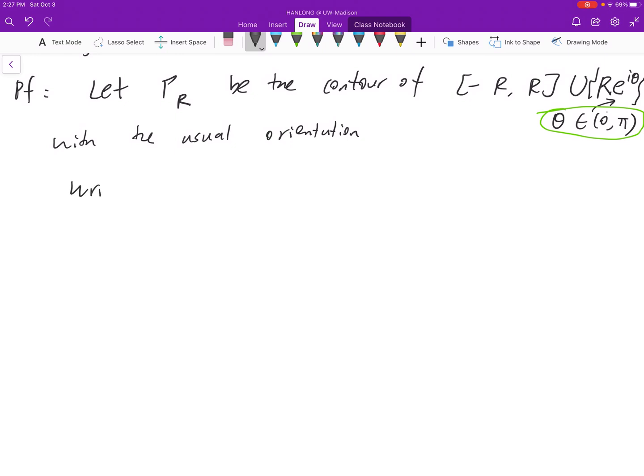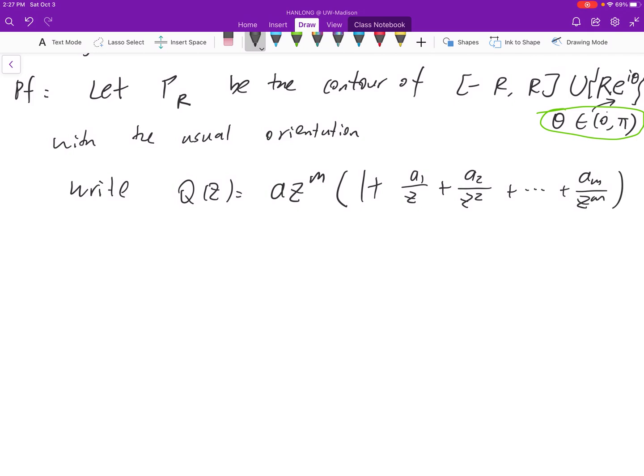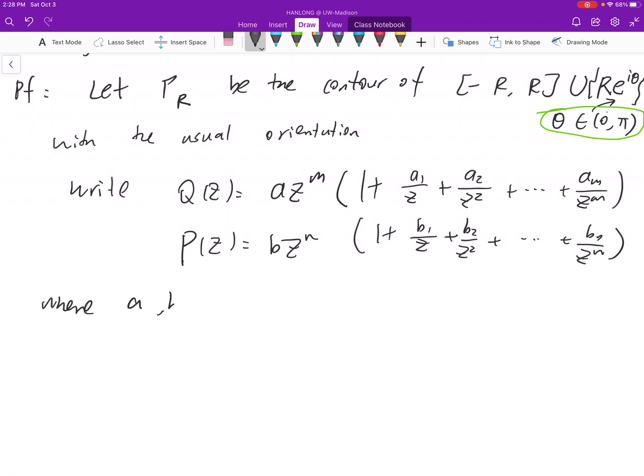Now write Q(z) equals a z to the m-th power times 1 plus a1 over z plus a2 over z squared plus all the way to am over z to the m-th power, and P(z) is b z to the n-th power times 1 plus b1 z plus b2 z squared plus bn z to the n, where a, b are different from 0, and by assumption m is greater than n plus 2.